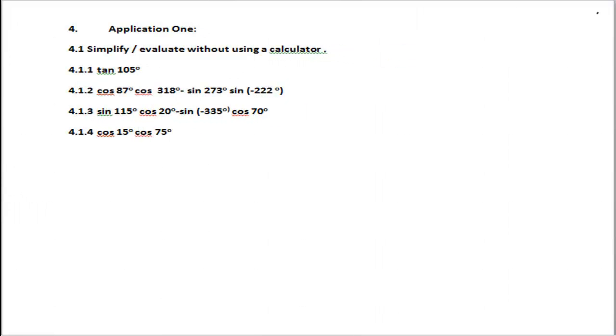We're looking at compound angle application 4.1.3. If you look at that, we need to reduce them to acute angles. Sine of 115 is sine of 65 degrees, and cos of 20 degrees we keep as is.